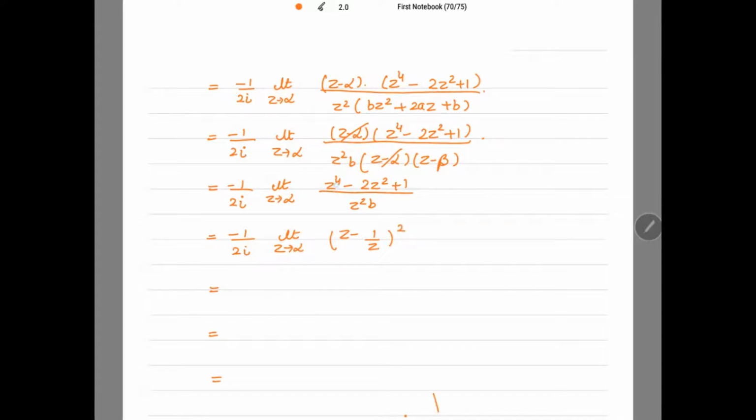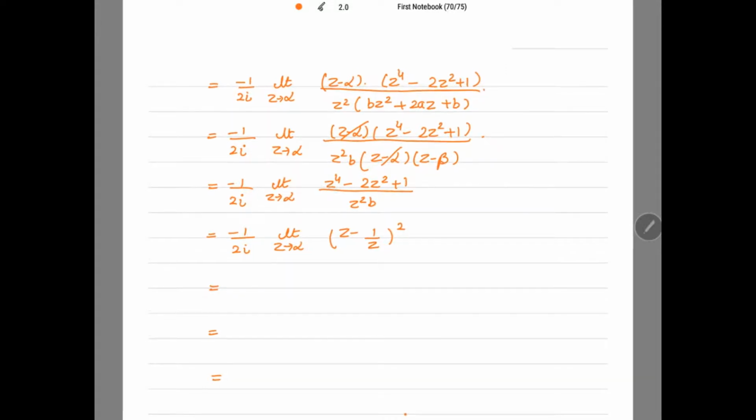First, take z square common, and you will be left with z square minus 2 plus 1 over z square, right?